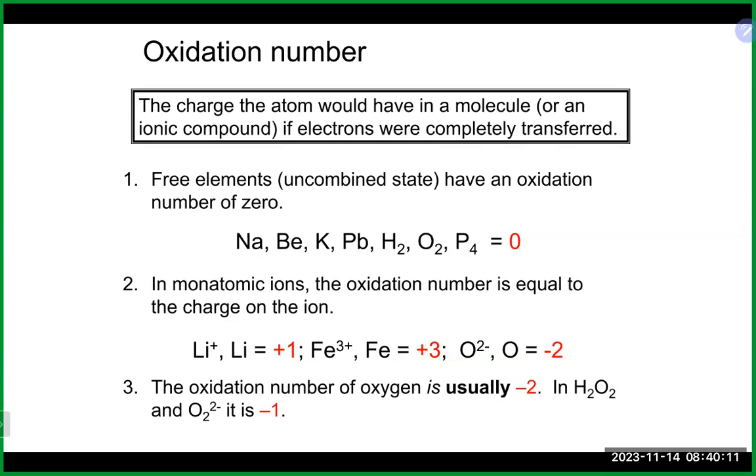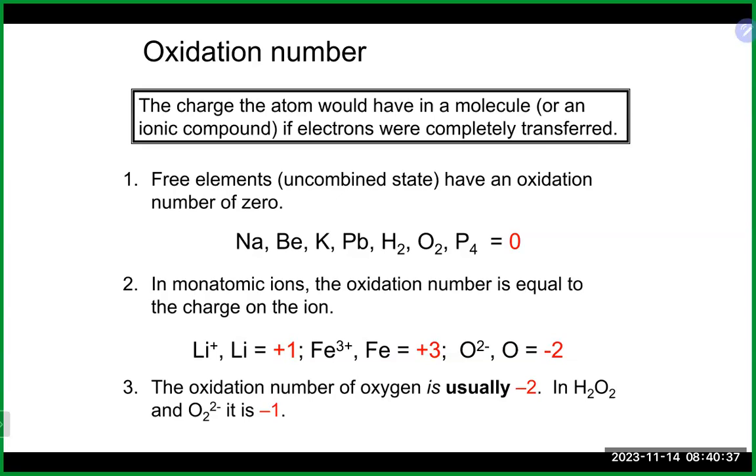And that's a result of how they're sharing electrons, who they're sharing electrons with in terms of their electronegativity. So it could actually make them have a more positive oxidation state. So definitely when you get into molecular compounds, covalent compounds, sharing of electrons, the oxidation numbers or states are going to be different than what we see in an ionic compound, where we do get that complete transfer of electrons.